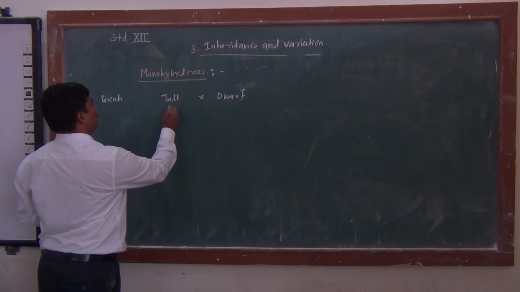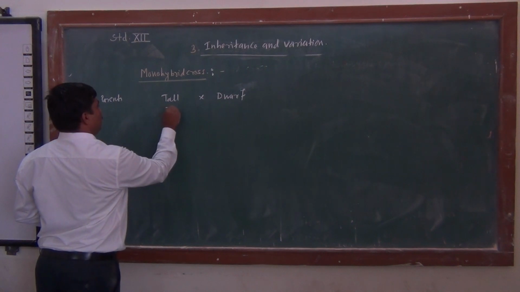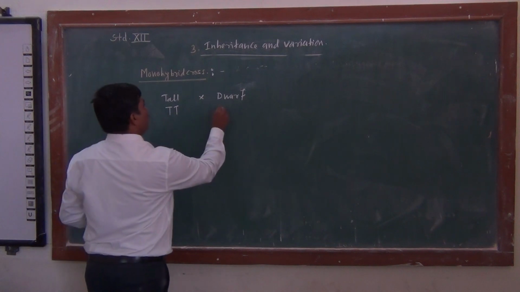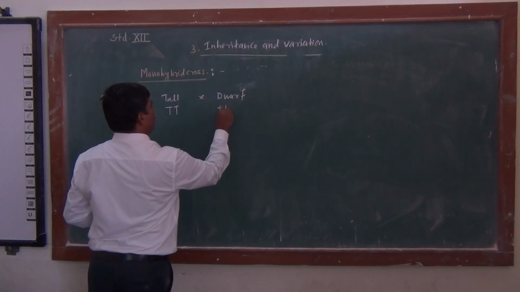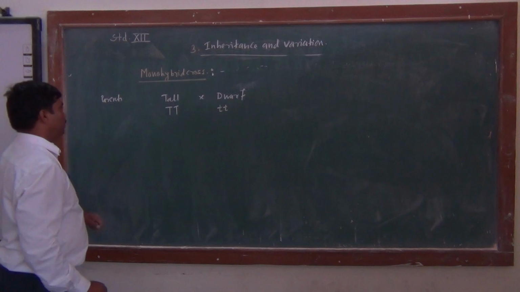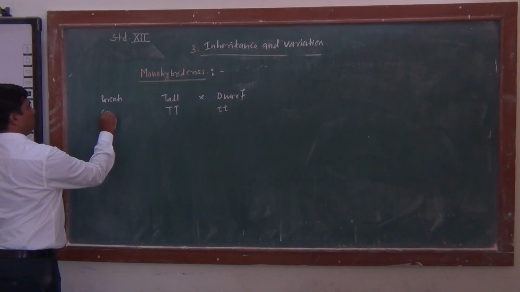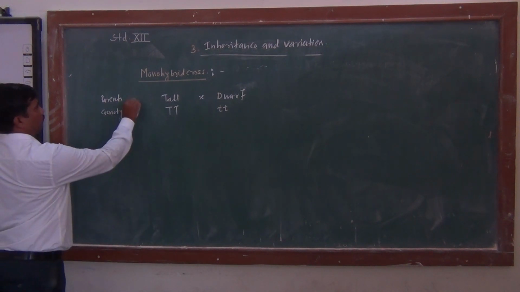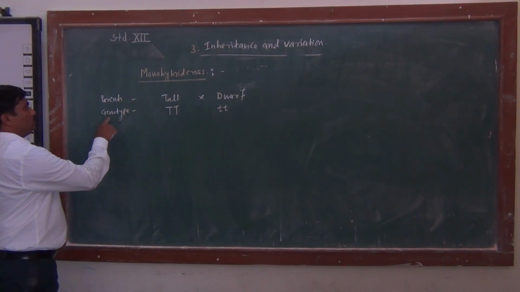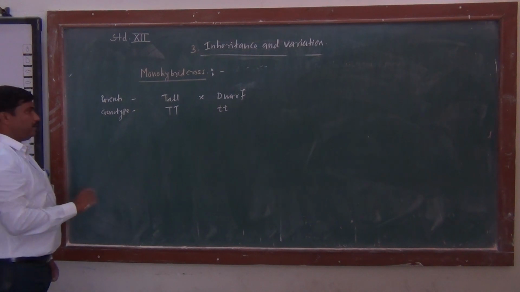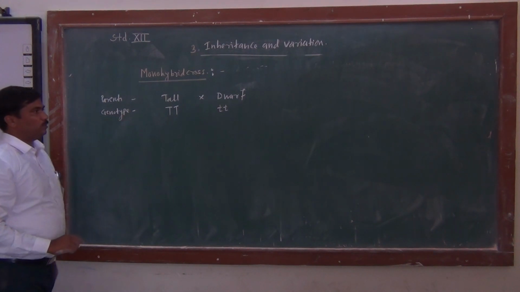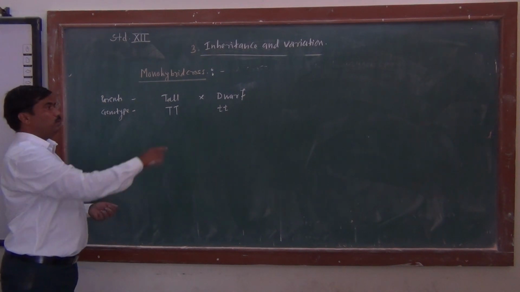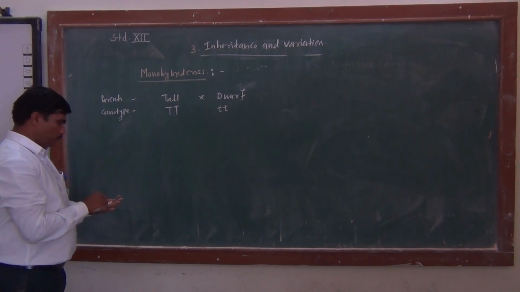They have the genotype capital T, capital T and small t, small t. These are the P1 parents. This is the genotype of the parents, and tall and dwarf are the phenotypes of the parents.